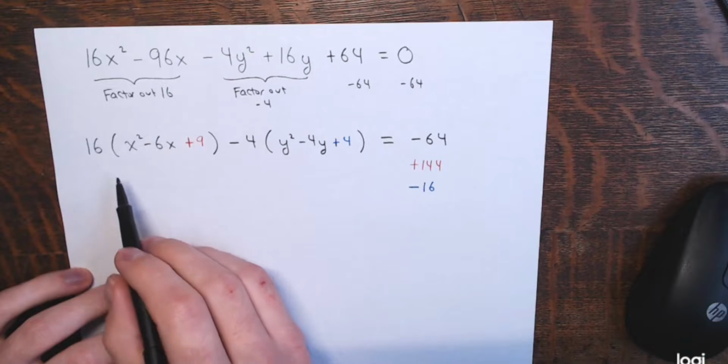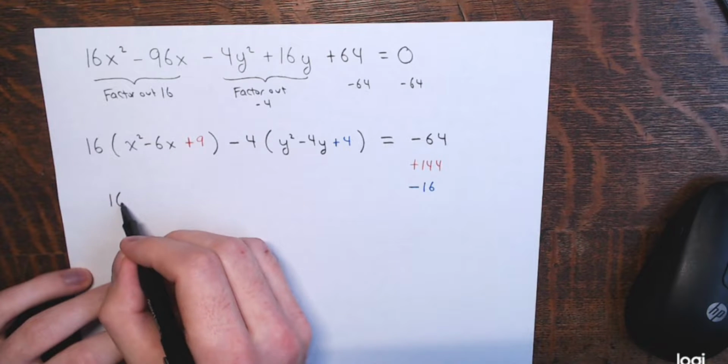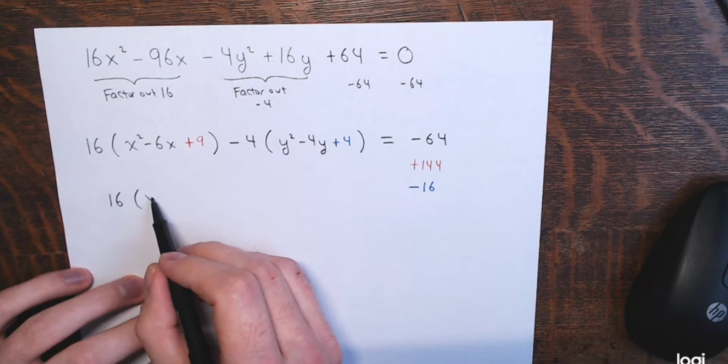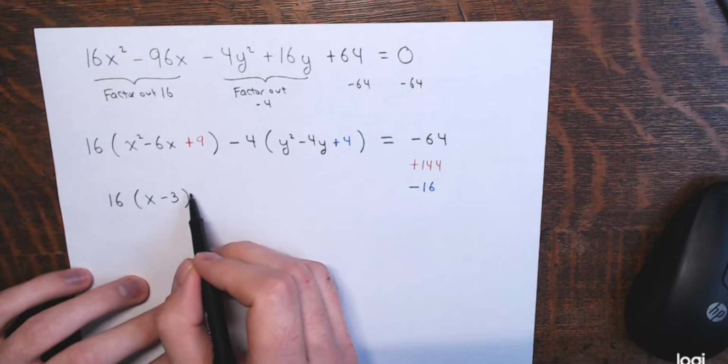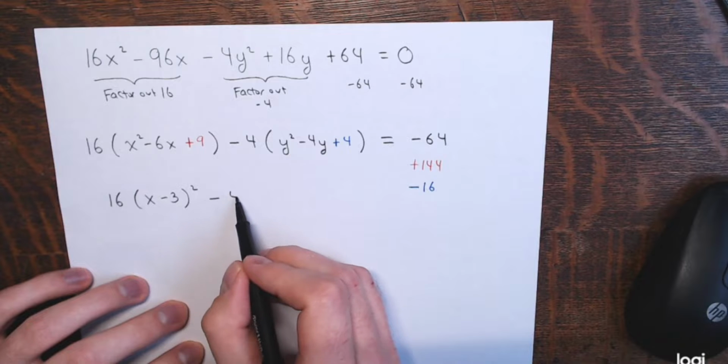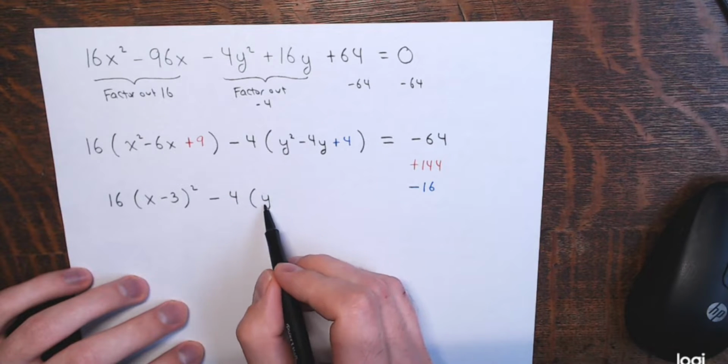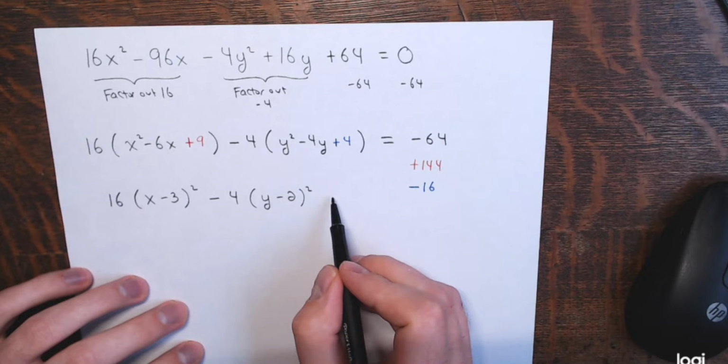All right, so this is 16 now times the quantity x squared minus 6x plus 9, which is x minus 3 squared, minus 4 times y squared minus 4y plus 4, which is y minus 2 squared.